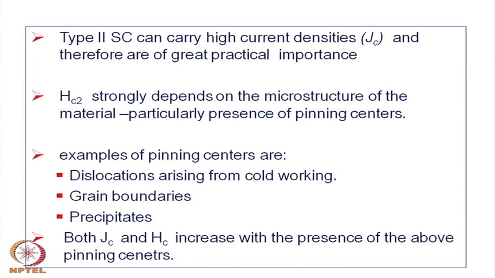So, Jc is different at different magnetic fields. Similarly, Hc is different at different current densities. So, that Hc can increase with the presence of the above pinning centers. So, once again it is the processing which is very important so far as the properties are concerned.